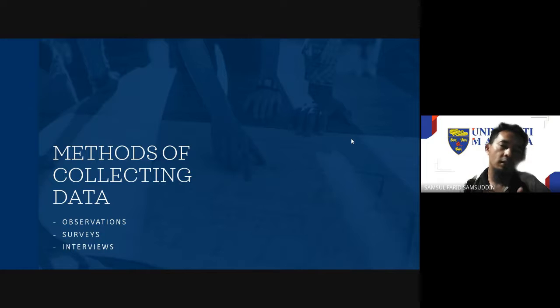Maybe they can get the numbers of people who break the traffic rules, and record whether they are wearing seat belts or helmets. So this is quantitative data.